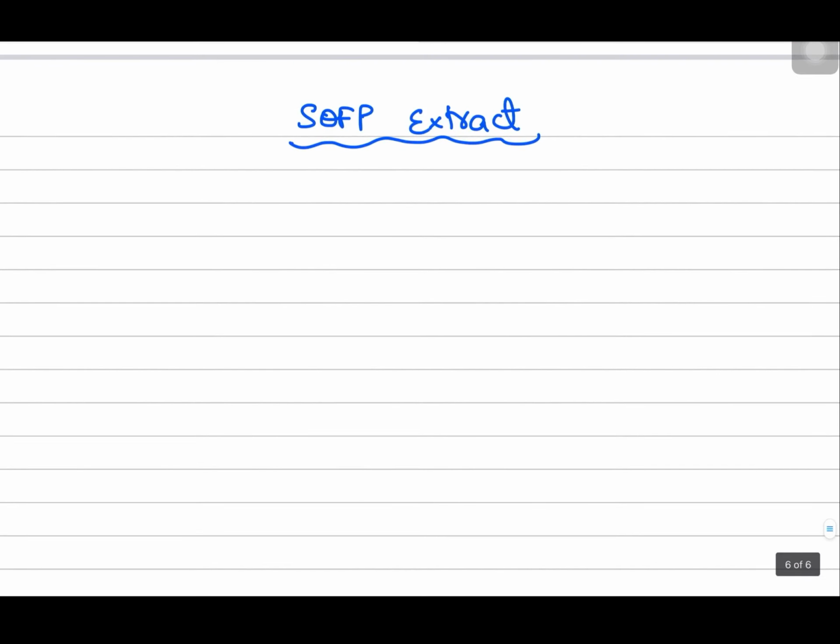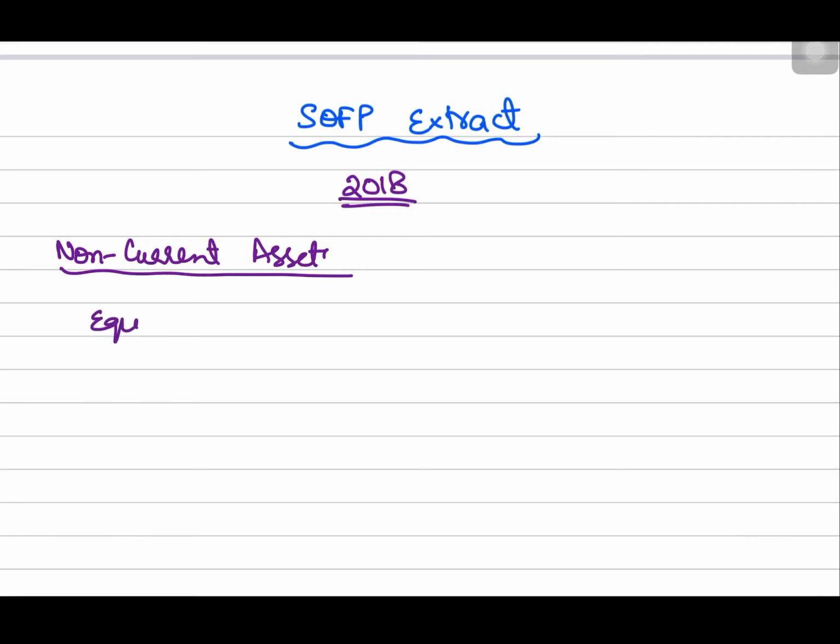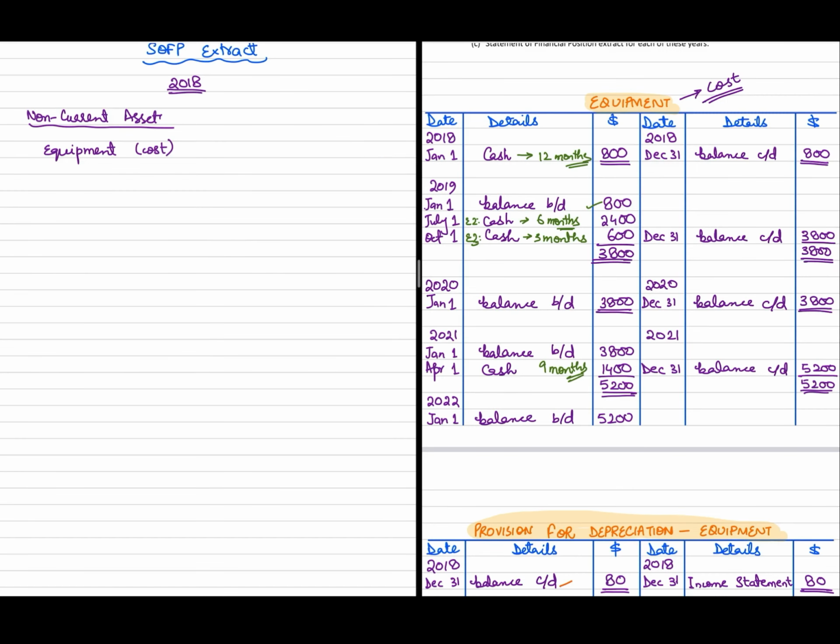SOFP extract. First year is year 2018. Non-current assets, equipment at cost. Okay, so year 2018, what is the balance carried down? $800. So 800 is the cost of the equipment in 2018.